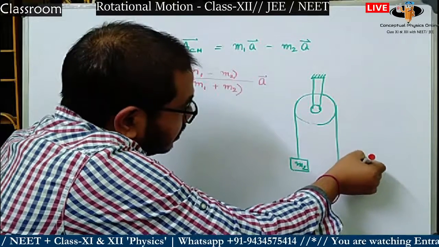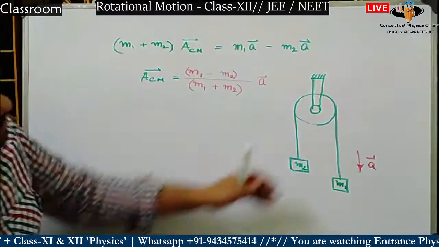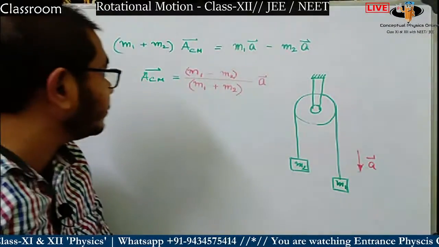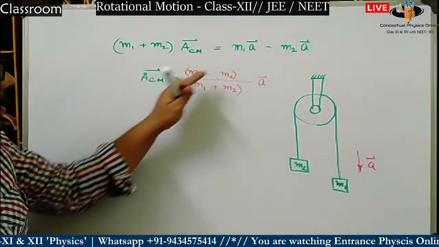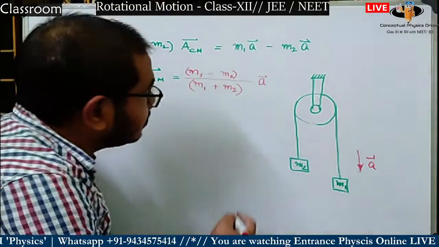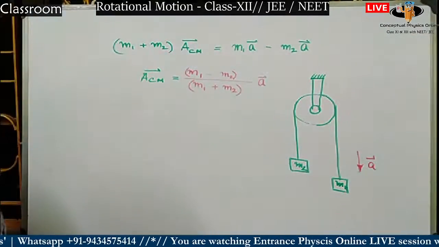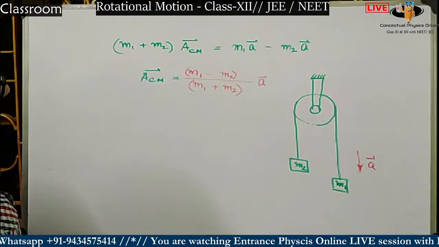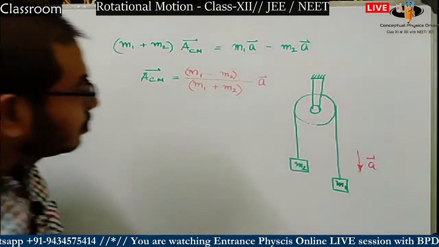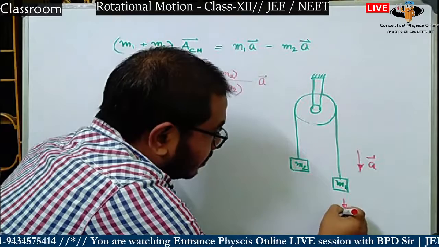This is the direction of movement a, and the pulley is moving in this direction. So we are taking this consideration, m1a minus m2a. So a is also in the direction of g.